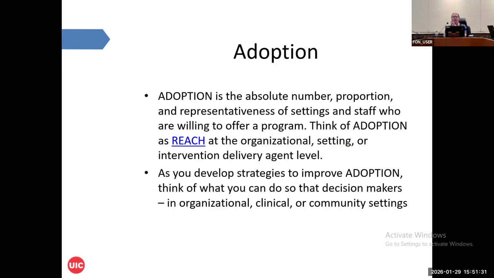Reach is the individual and adoption is the organization. As you develop strategies to improve adoption, think about what you can do so that decision makers will buy into this at the organization, clinical, or community settings.